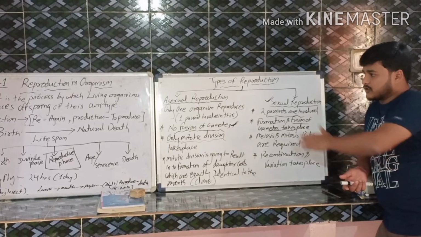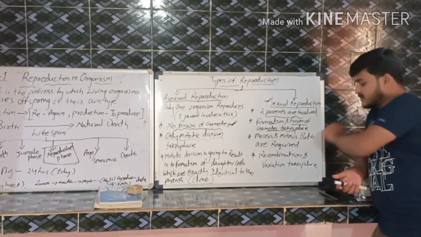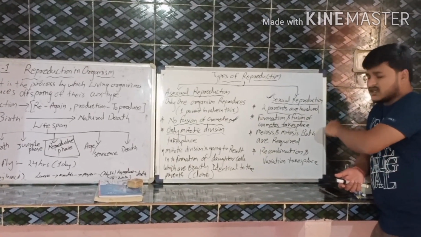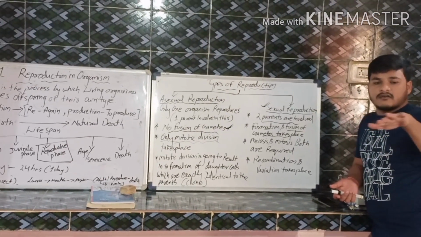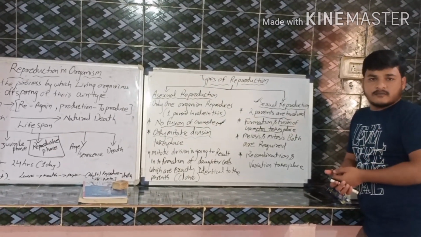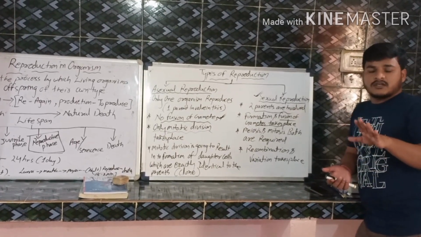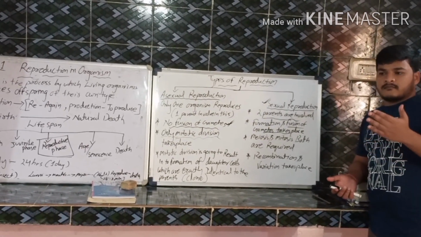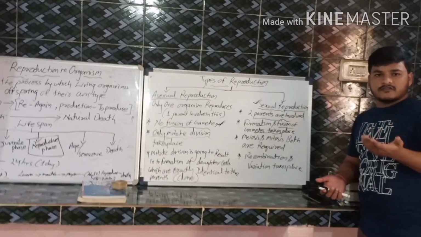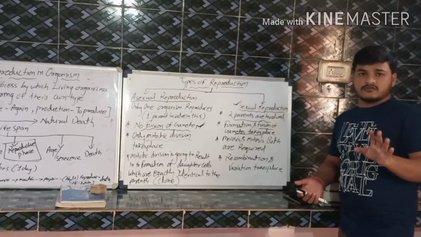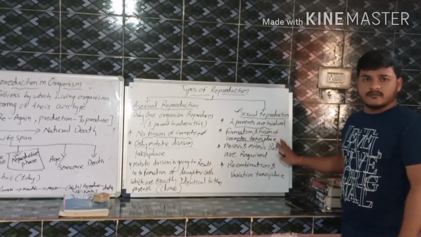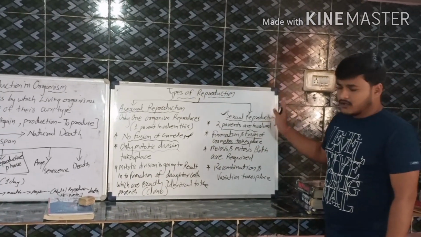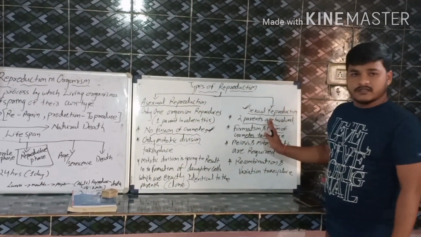But in sexual reproduction, if we take human beings as an example, we all have the same features, but we are different from each other due to genetic variation, which you also read about in the genetics chapter.